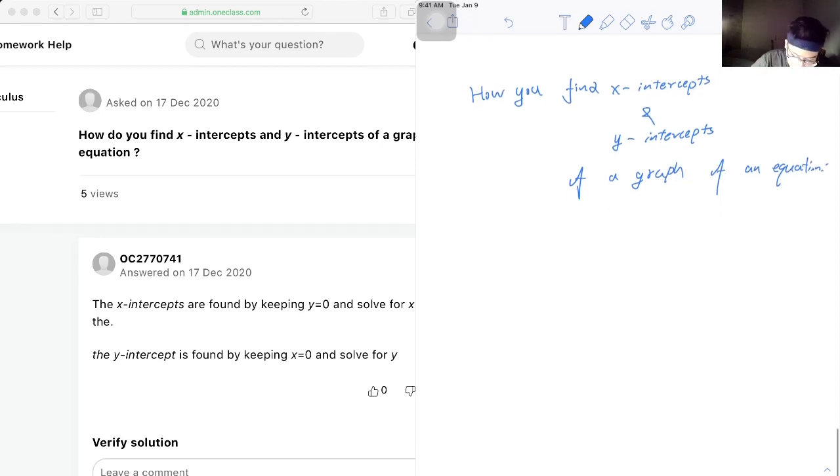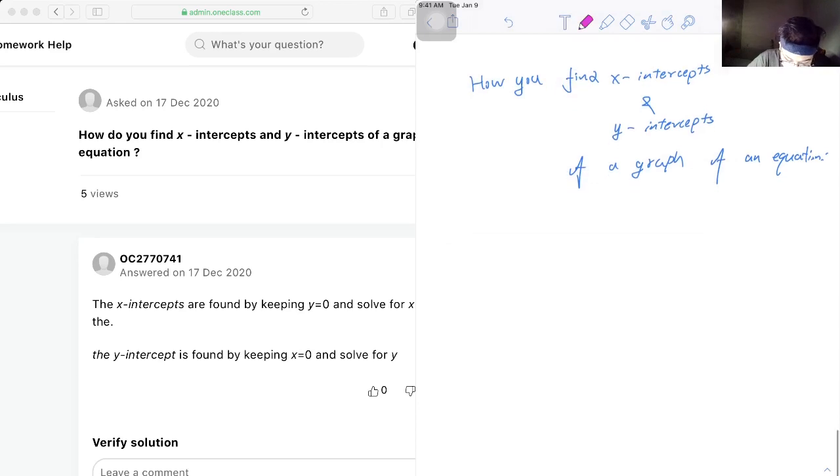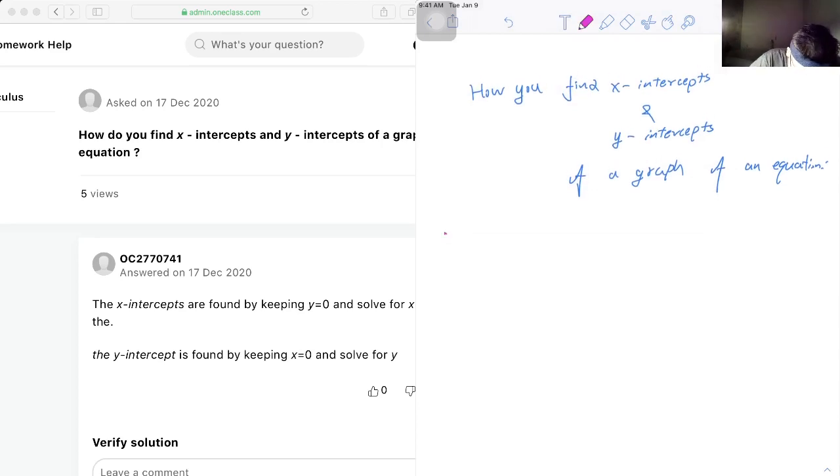So let's first talk about the X-intercept. X-intercepts are found by keeping y is equal to 0 and solving for x.